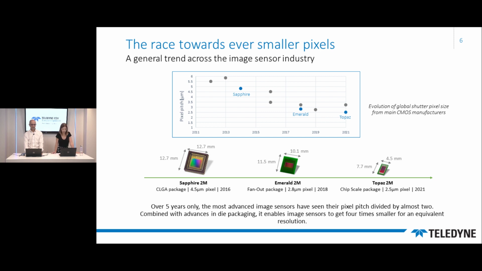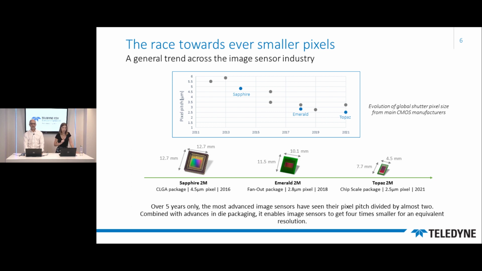To illustrate it, let's have a look at this timeline you see on the top of the slide. It represents the evolution of global shutter pixel size from main CMOS manufacturers over the past 10 years. You can see some blue points, which correspond to Teledyne E2V products, the pixel sizes used in Teledyne E2V products with the name of the family below.